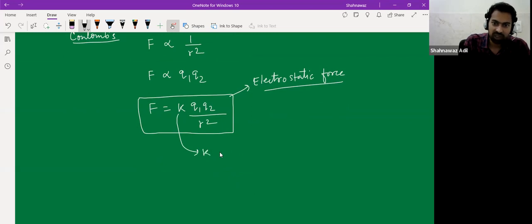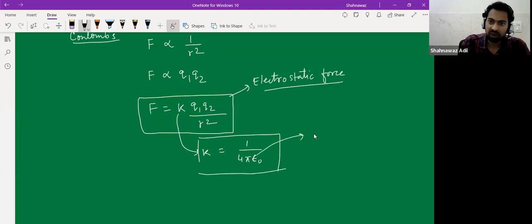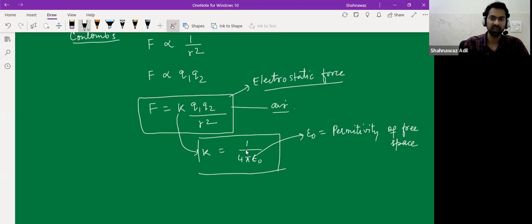So k is 1 by 4 pi epsilon naught, where epsilon naught is what? This is the permittivity of free space. So here we are talking about the air, right? So this is in the air.